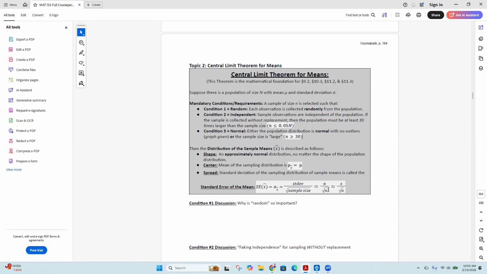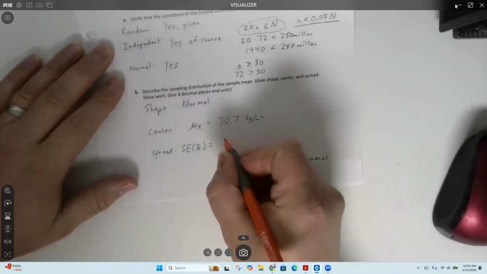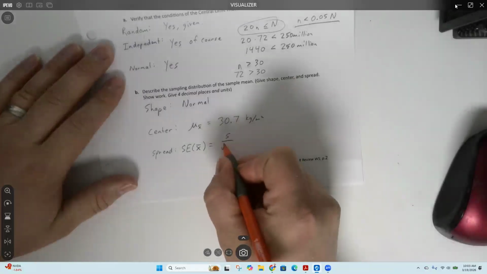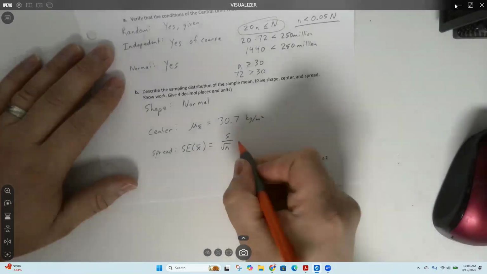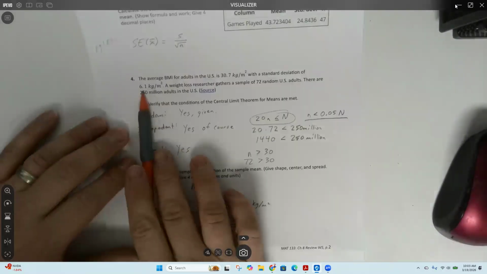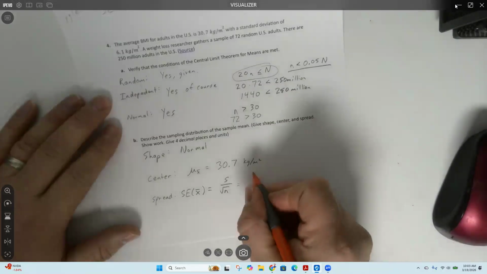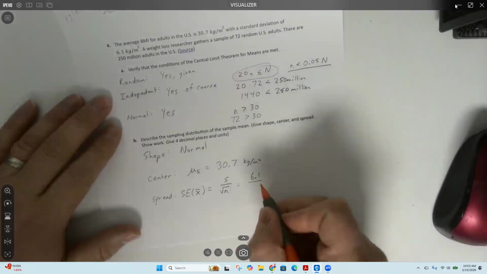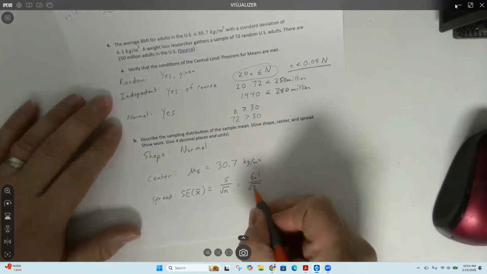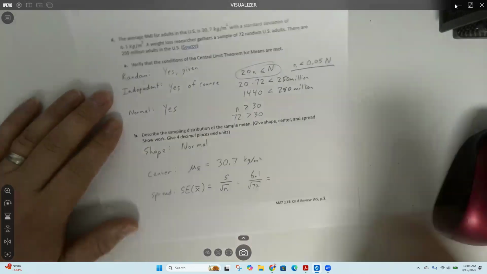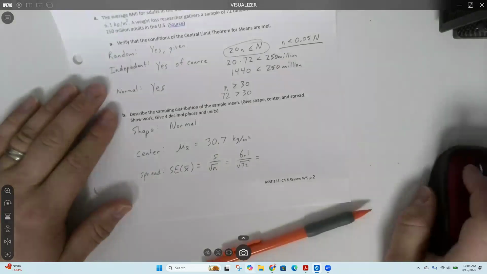All these mean the same thing, so you don't have to write this whole thing out. You can just write it as standard deviation divided by the square root of the sample size, which in our case, the standard deviation was 6.1. Sample size was 72. So let's see what that gives us.